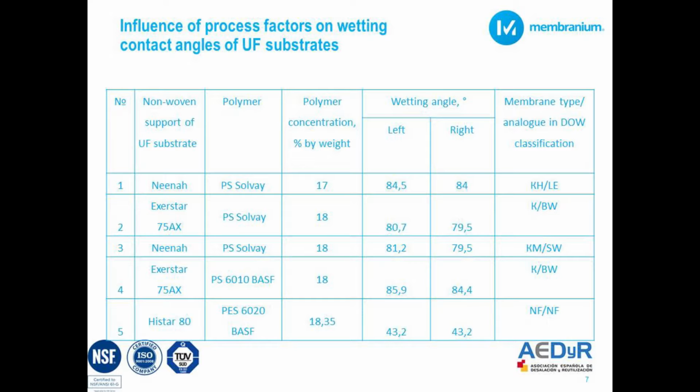In the last column, you can see the abbreviation in comparison with the analog in the Dow classification. And for example, one very interesting observation is that with polymer concentration, let's compare 0.1 and 0.3, 17 and 18% already give you a difference in contact angle.